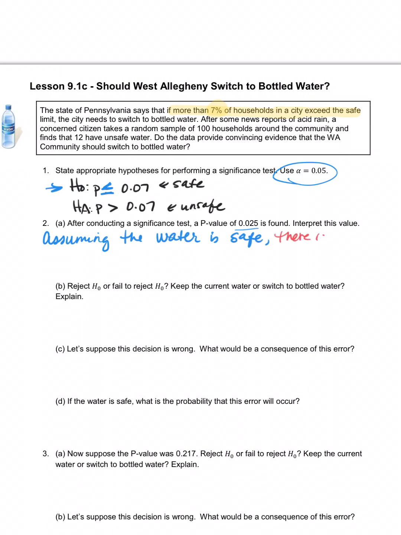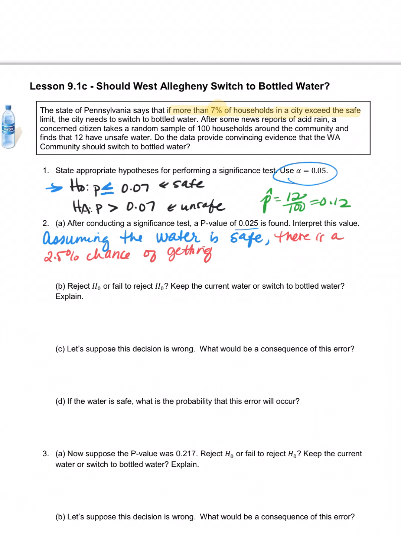there is a 2.5% chance of getting, now what was the sample here? It said 12 out of 100 households, so that would be 0.12, wouldn't it?